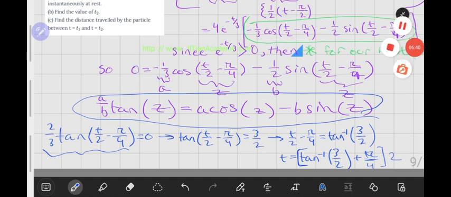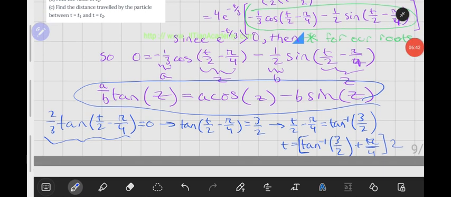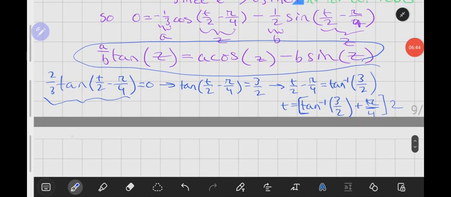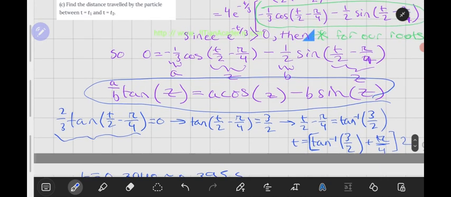And then we plug this in our calculator to solve, and you will find that our answer is t is equal to 0.3948, which we can round to be 0.395 seconds. Okay, so that is our first question.